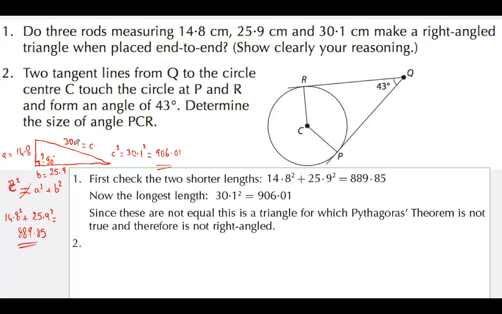If you just put C squared is not equal to A squared plus B squared, so not a right angle triangle, that would be enough. You've just proven that 906.01 is different from 889.85.